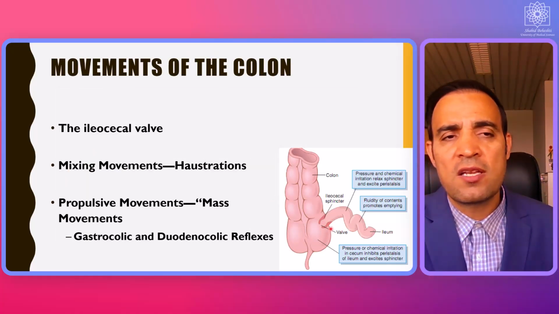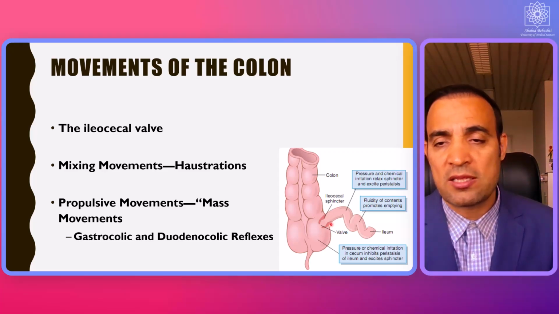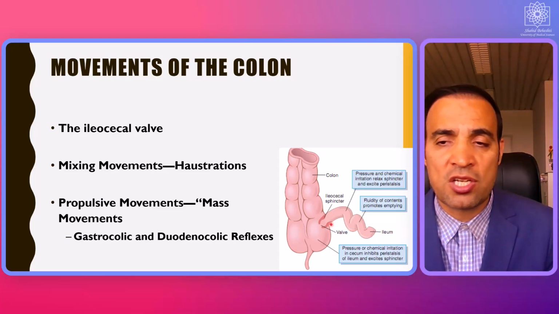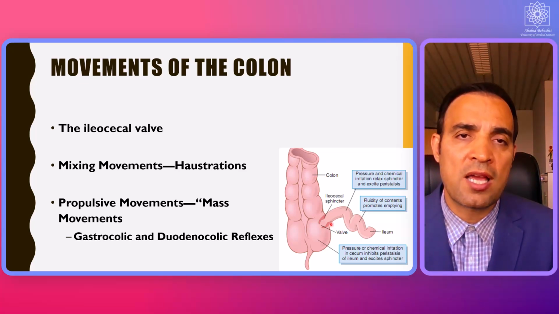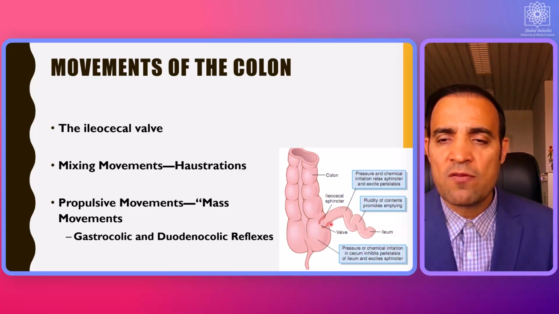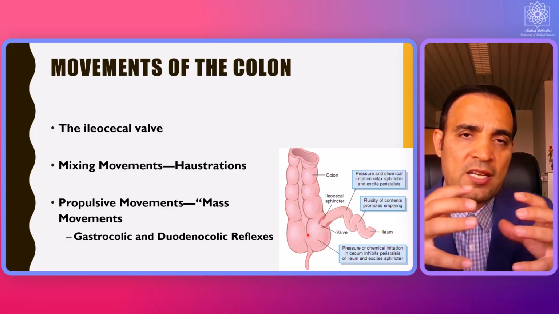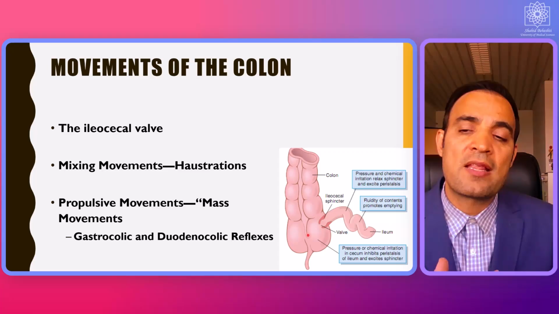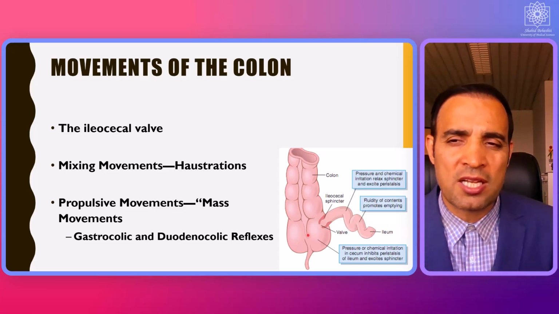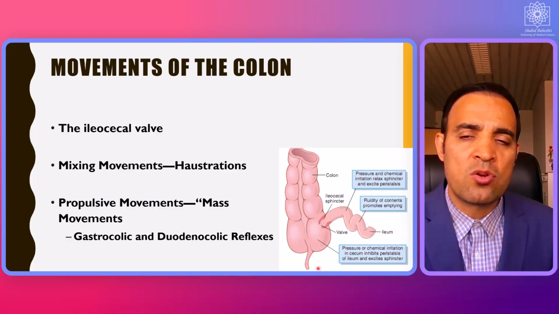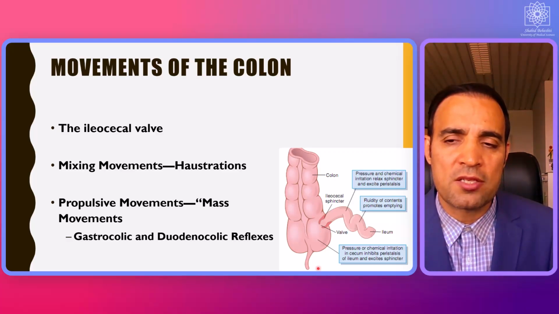This is showing the ileocecal sphincter that I told you about, and I told you that this is involved in the regulation of ileal emptying into the colon. I told you, for example, that the presence of pressure that stretches the colon, or the presence of any irritation, chemical irritation that we have in the colon, will inhibit ileal emptying.